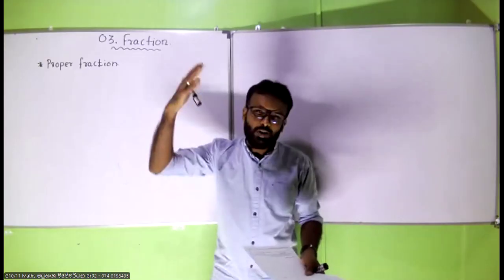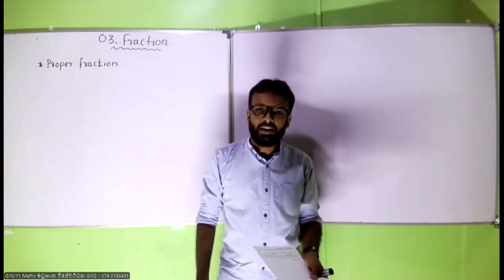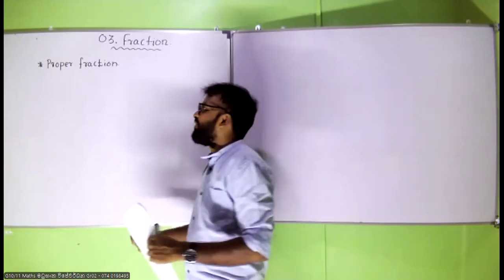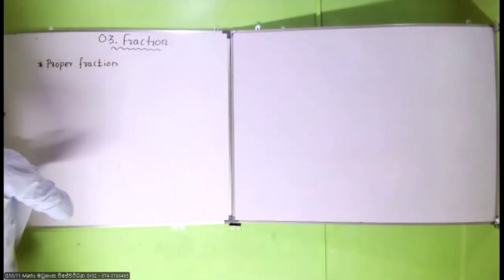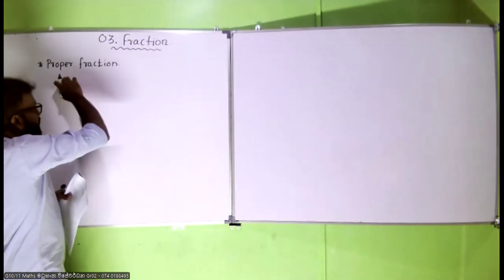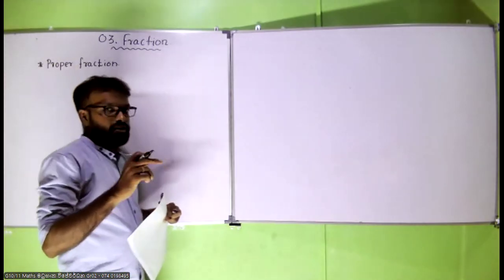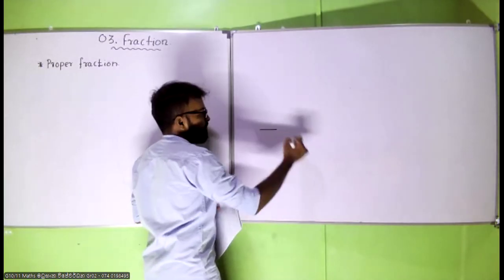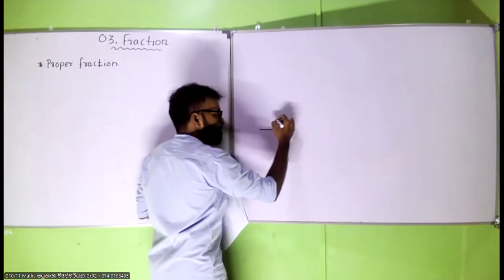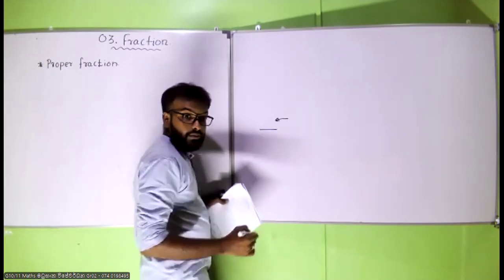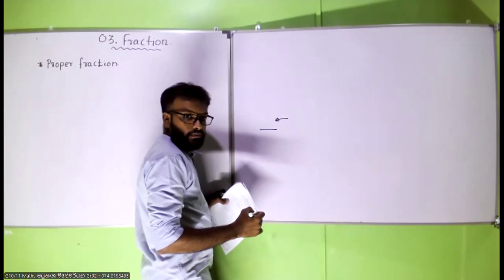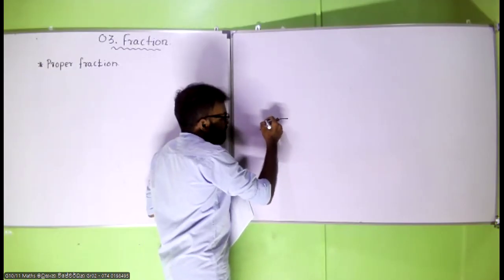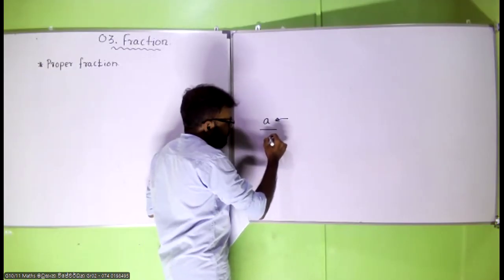Okay. So let's write that. When a proper fraction is identified, when you have a fraction something like this, in a fraction you have two parts.